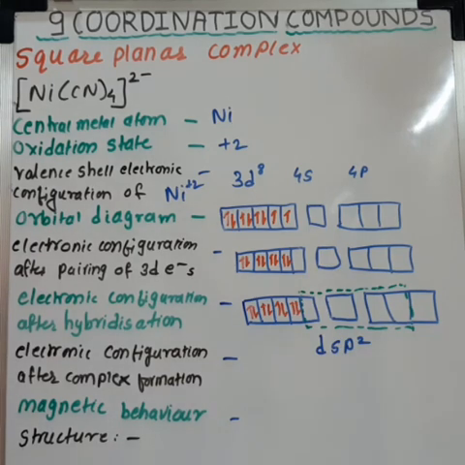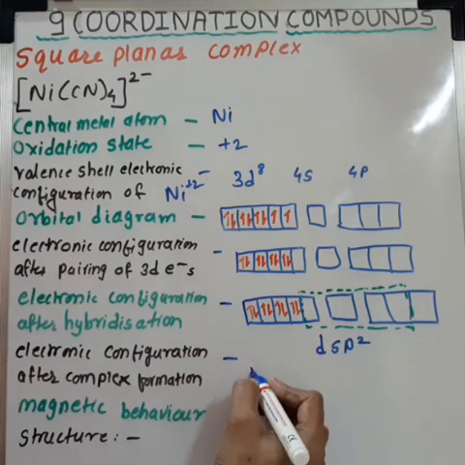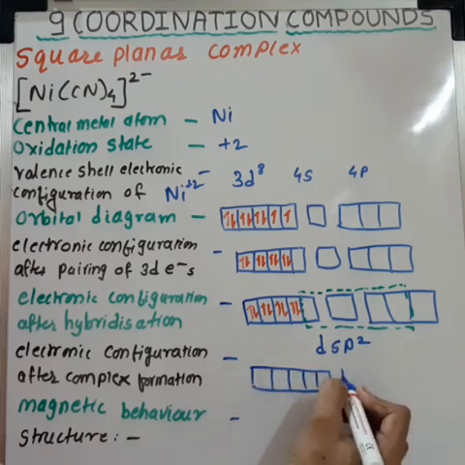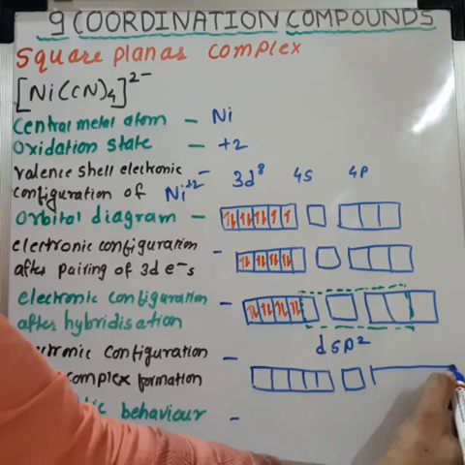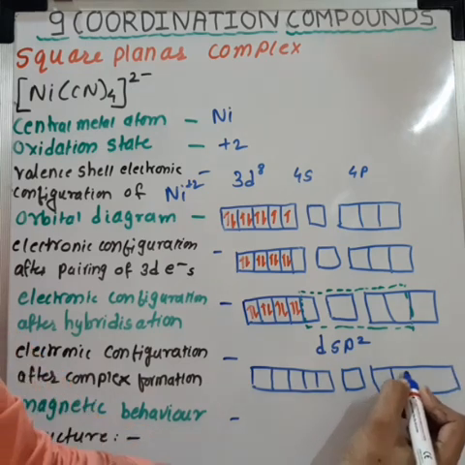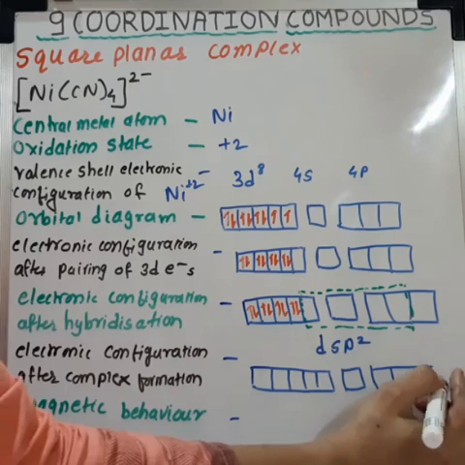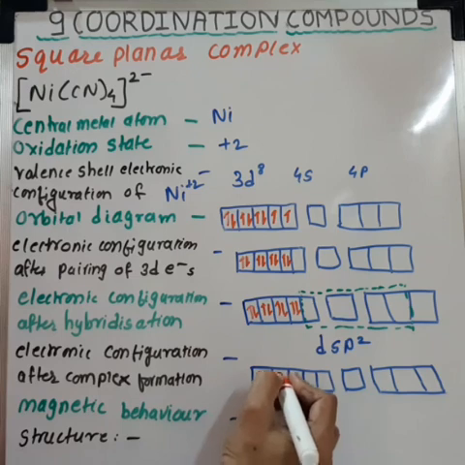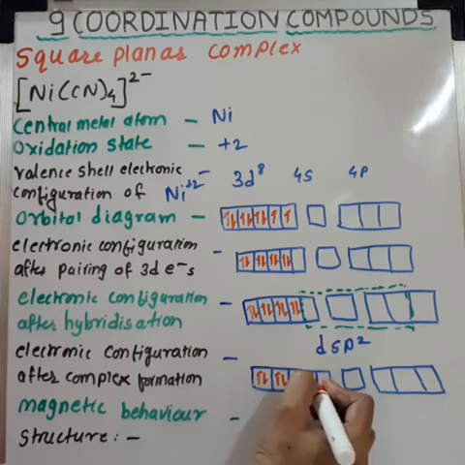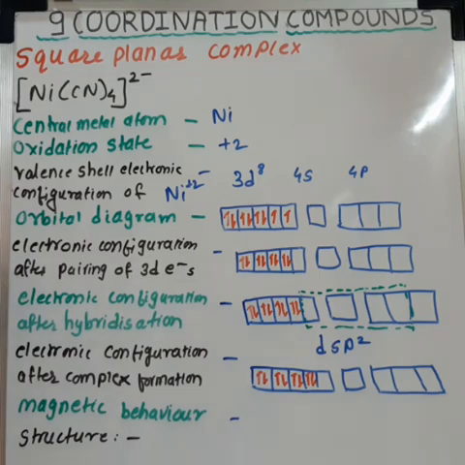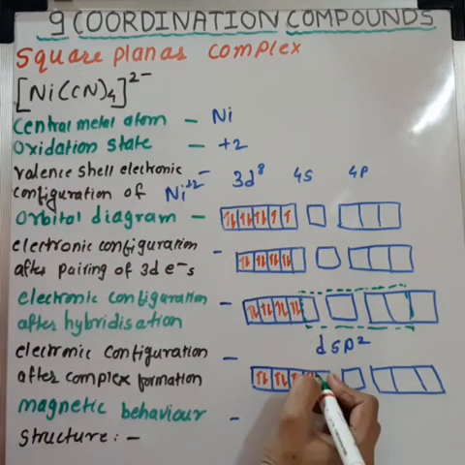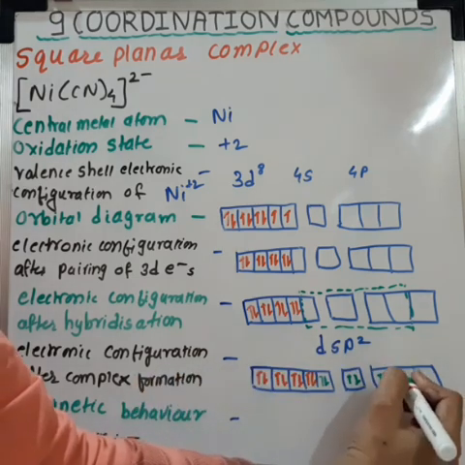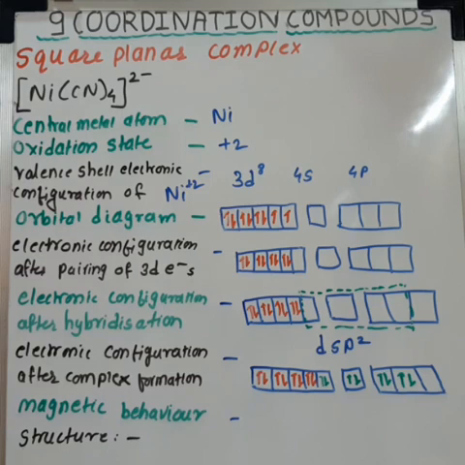And now the electronic configuration after complex formation is: these green colored electrons are donated by cyanide.